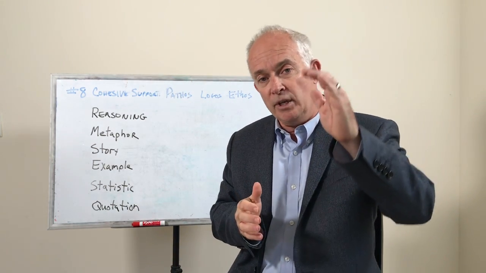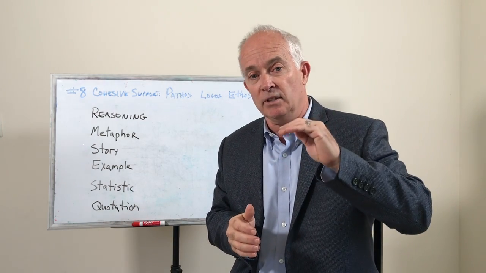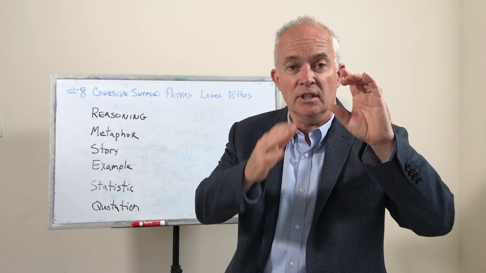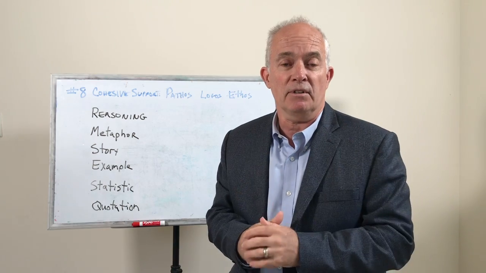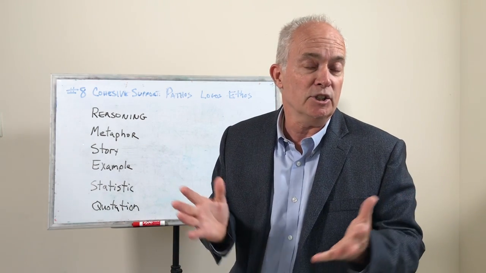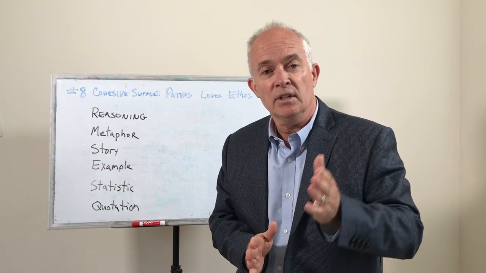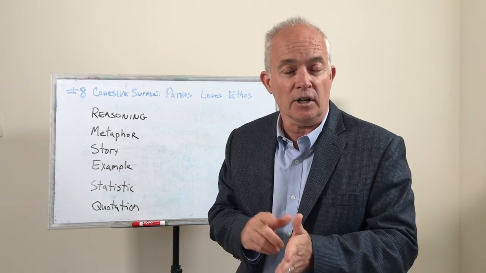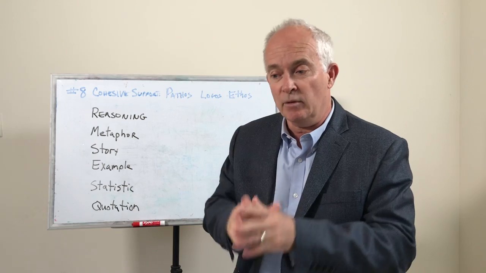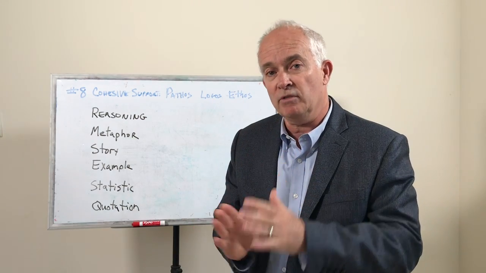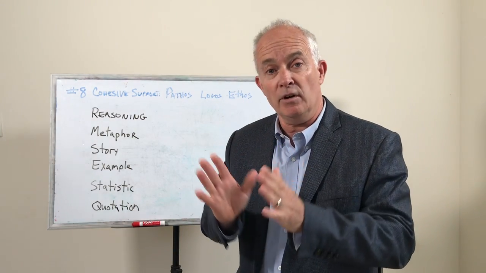The other way to arrange a paragraph is deductively. Start with the conclusion and work towards something specific. Like a syllogism would be an example of deductive reasoning. All men are mortal. Socrates is a man, therefore Socrates is mortal. That would be a general to specific way of reasoning.